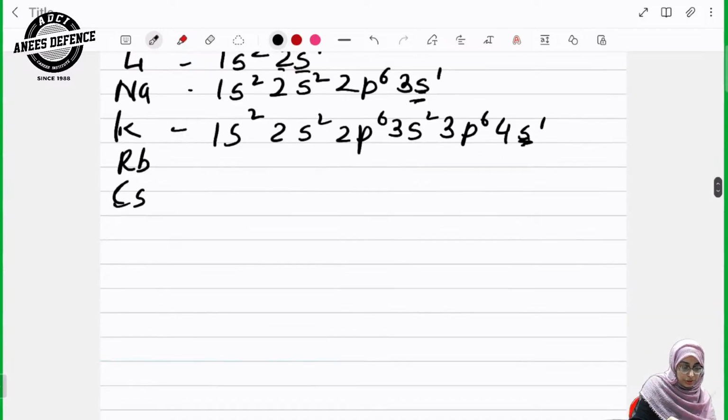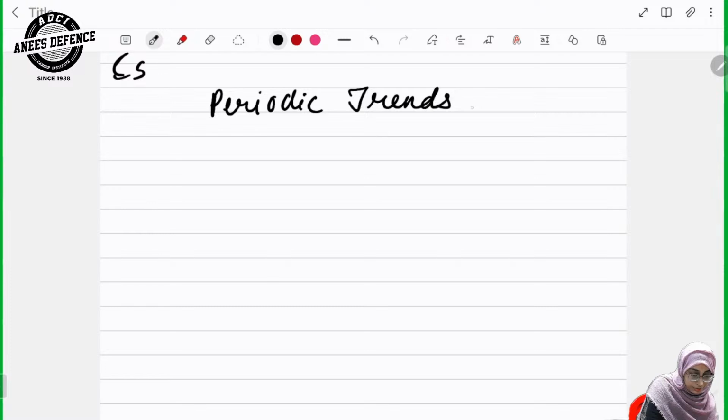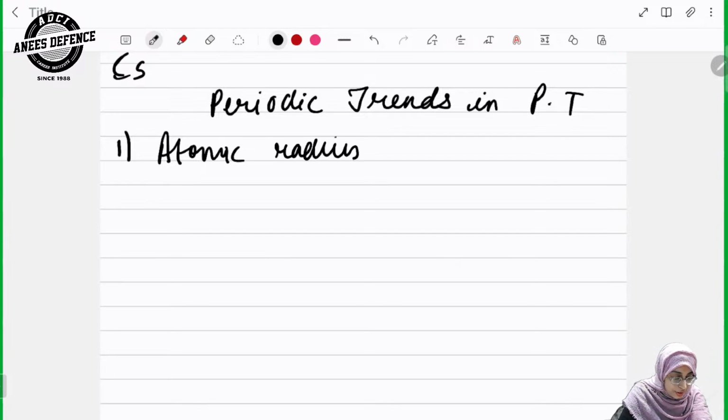So now we'll discuss periodic trends in the periodic table. Last time we saw a few periodic trends, like atomic radius. What is the trend in atomic radius?